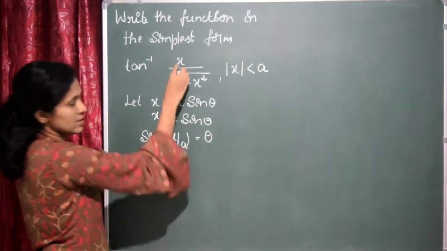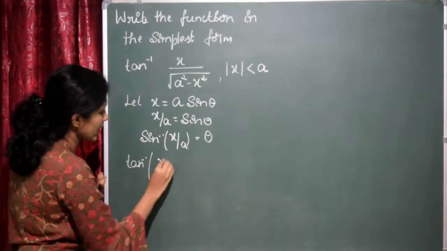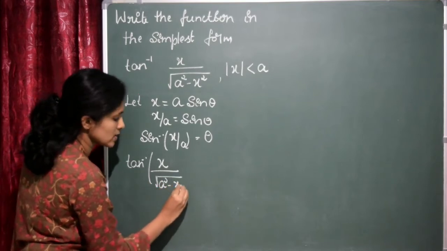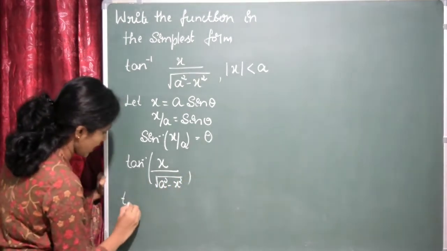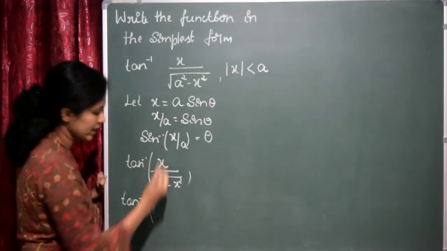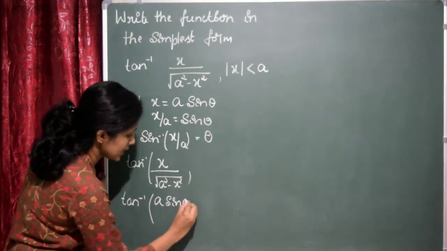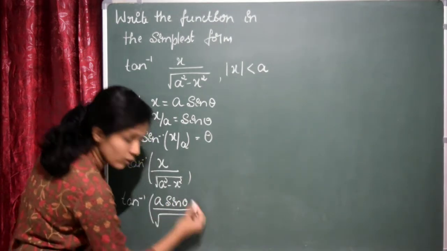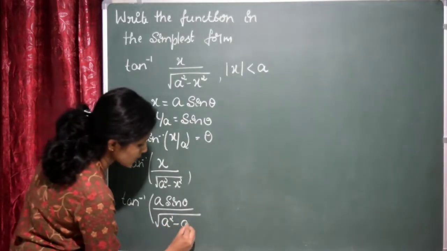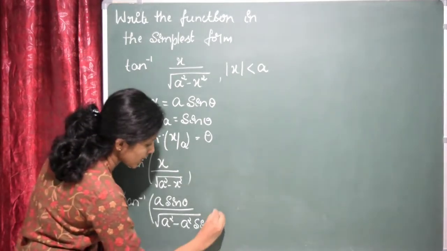Yes. Now we'll consider this one, tan inverse of x by root of a square minus x square. This is equal to tan inverse of, we have considered x as a sin theta, we'll substitute that x as a sin theta divided by root of a square minus x square, where x square will be now a square sin square theta.